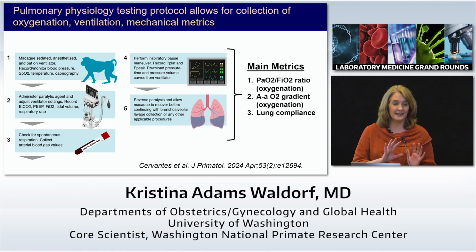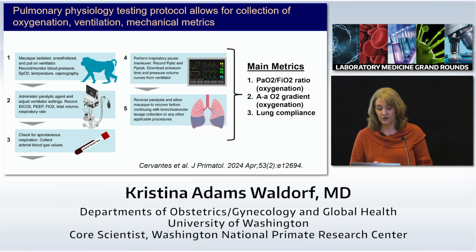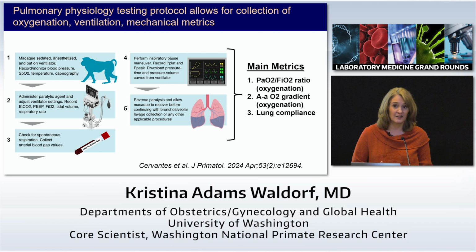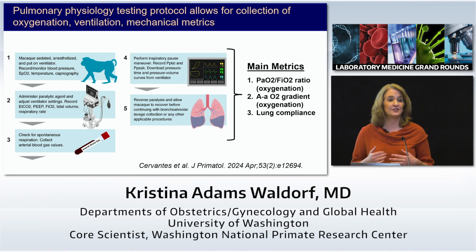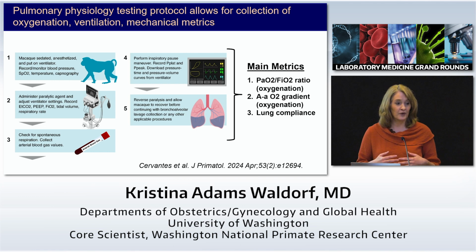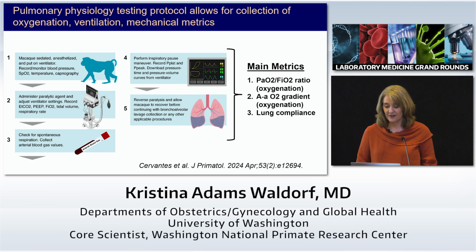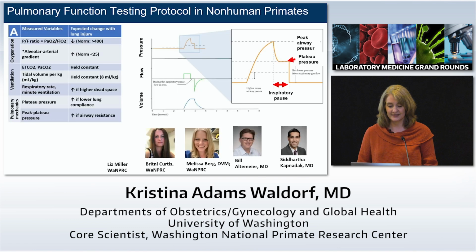From there, we could take all those metrics and give 2 outputs of oxygenation, which is the partial pressure of oxygen in the arterial blood divided by the fraction of inspired oxygen, and the alveolar arterial oxygen gradient, as well as lung compliance. And this seemed to me to be a great advance to what had been done in the rest of the field and would give us a real chance to try to figure out pathogenesis of disease.